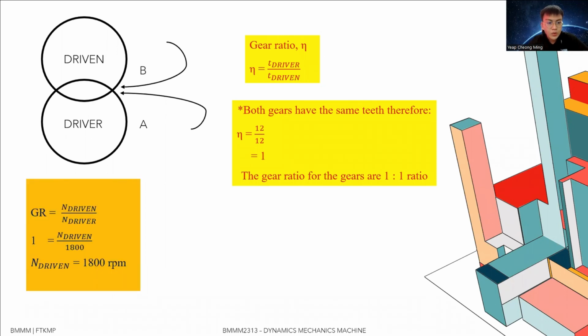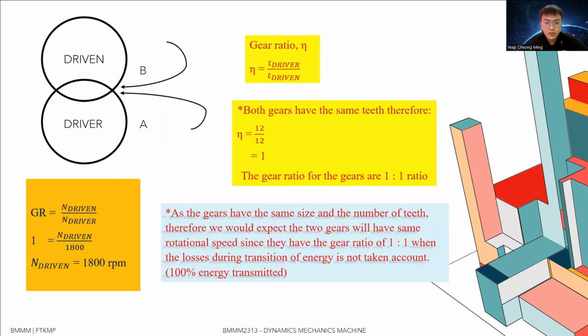Hence, we can calculate the rotational speed of the driving gears using these formulas, because we know that the gear ratio is equal to 1 and the rotational speed of the driver gear is equal to 1800 rpm. Therefore, the rotational speed of the driving gears is equal to 1800 rpm.